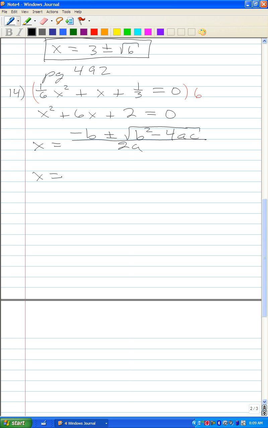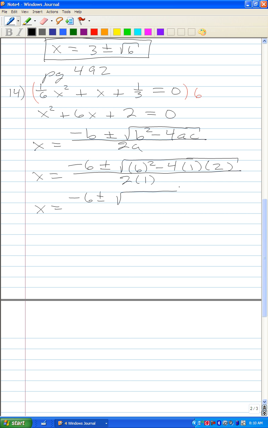And so negative 6 plus or minus the square root of 6 squared, which is 36, minus 4 times 1 times 2, which is 8, all over 2 times 1, which is 2.